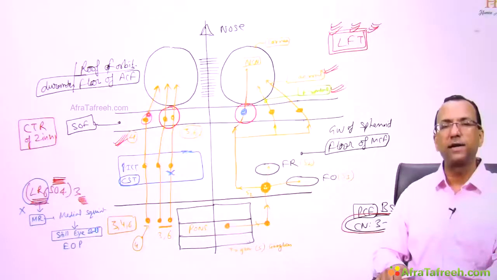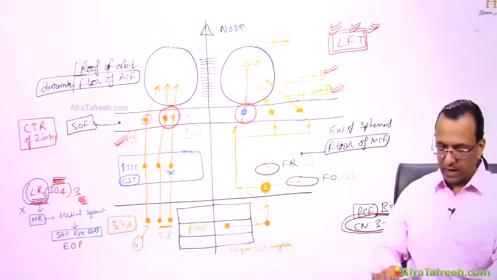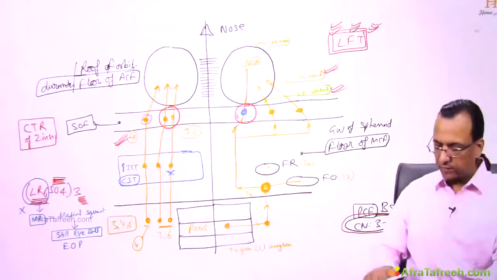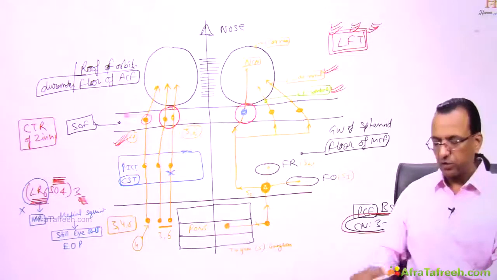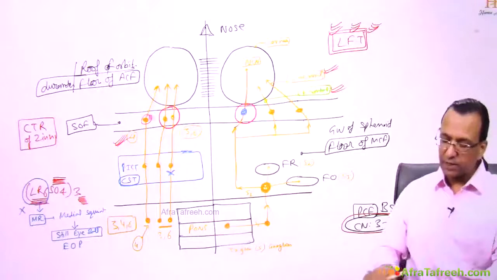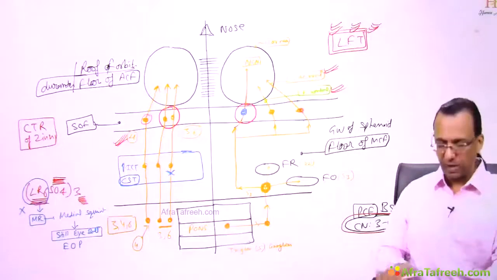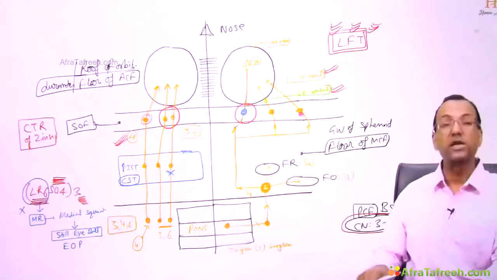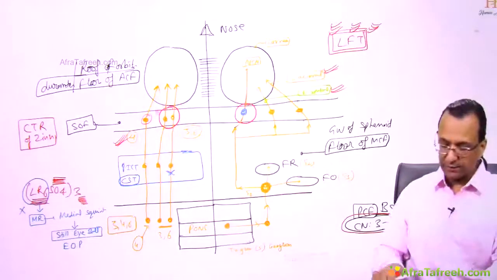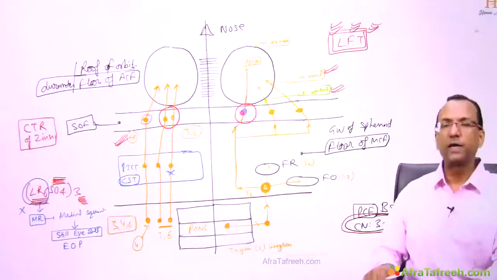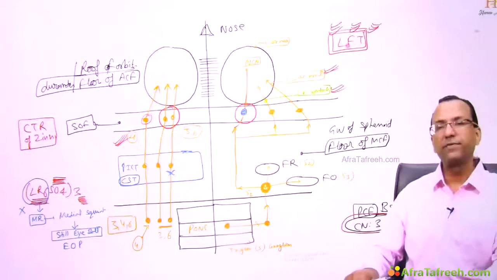Then who is inside the ring of Zinn? Now the 3rd, the 6th, and the nasociliary nerve. There are 6 nerves passing through the superior orbital fissure: 3 are inside and 3 are outside the ring of Zinn. Inside are the 3rd and 6th nerves, and the third one is the nasociliary nerve, a branch of the ophthalmic trigeminal. Outside is the mnemonic: LFT nerves are left outside the ring of Zinn.